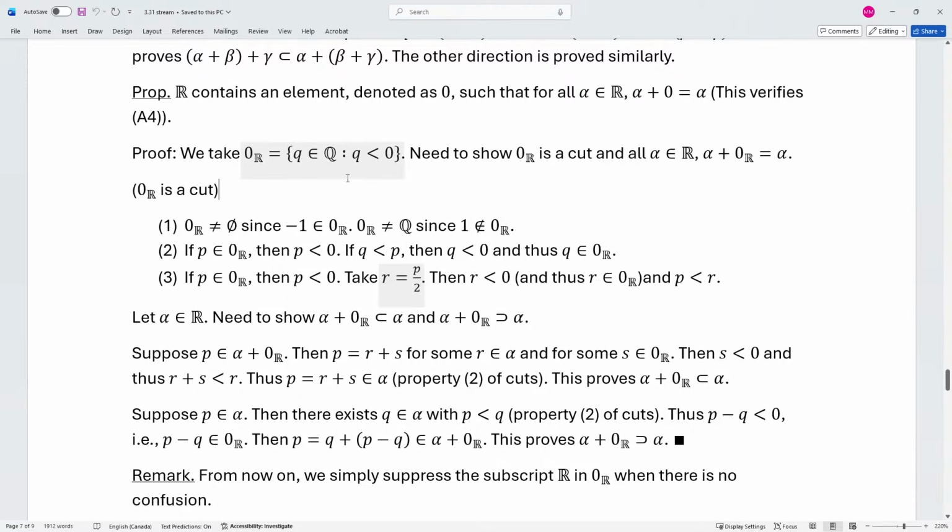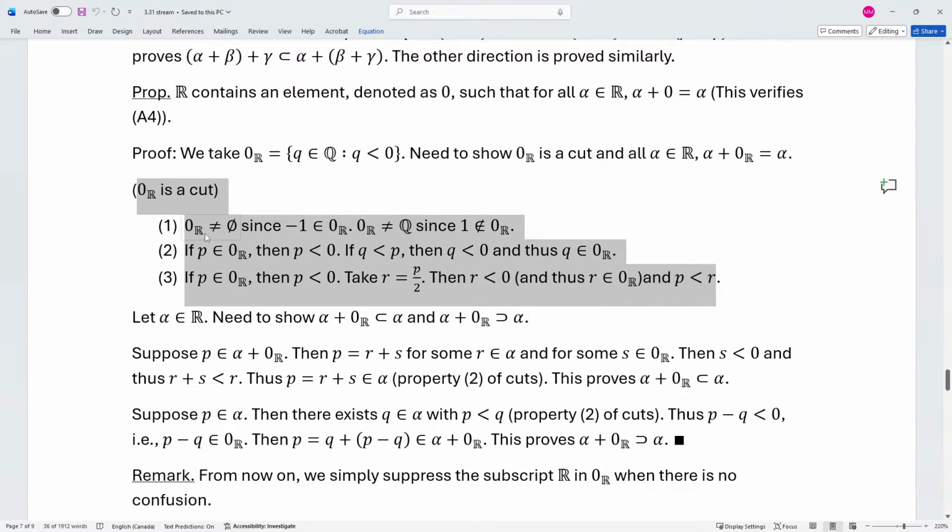Oh, actually, we need to show 1R is a cut. 1R is a cut, but that's very obvious, so I'm going to omit that. Technically speaking, I should prove 1R is a cut. 1R is not empty because it contains 0. 1R is not the whole Q because 2 is not in there. So that proves the first property.